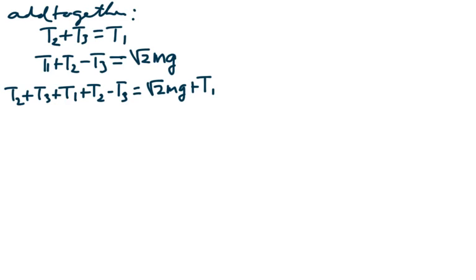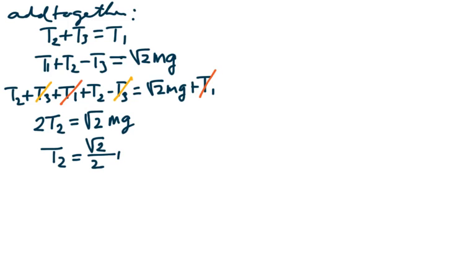I have a T1 on both sides, so I'm going to get rid of that. And I have a T3 minus T3 over here, so I get rid of that. So I end up with 2 times T2 is equal to the square root of 2 mg, or tension 2 is equal to the square root of 2 divided by 2 times mg. Nice to know. I've always wanted to know that.